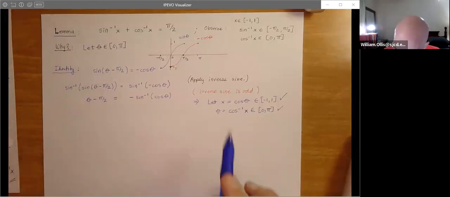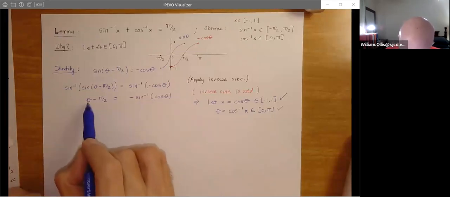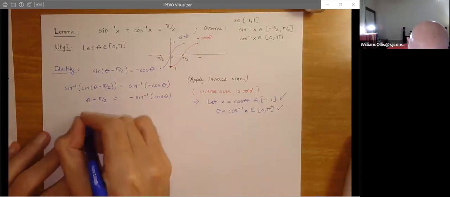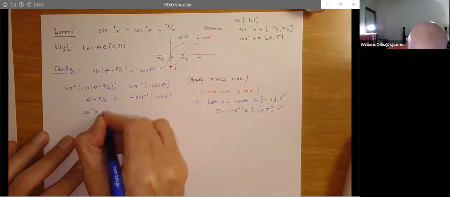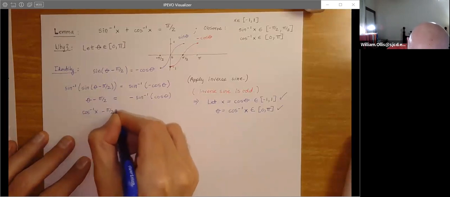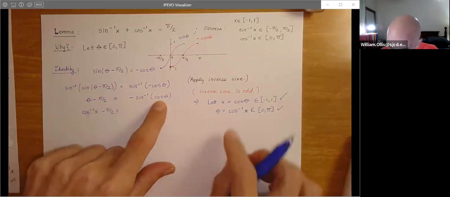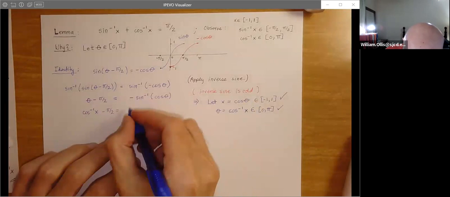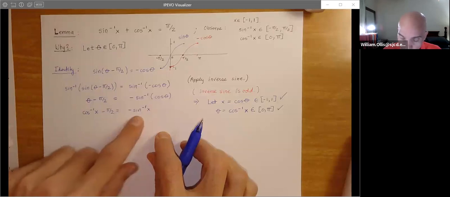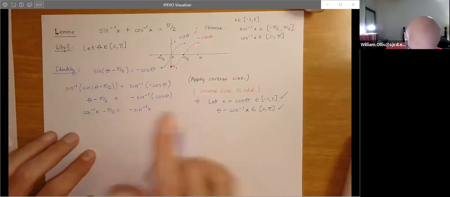So now we can go back over here and make some substitutions. Theta is what? Inverse cosine of X. Pi over 2, well, that just is what it is. And now we have the negative inverse sine of cosine, which we've defined to be X. Now all we have to do is transpose the inverse sine function to the left and the pi over 2 term to the right.